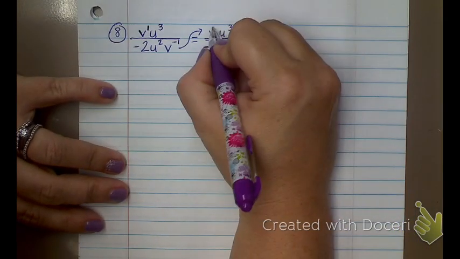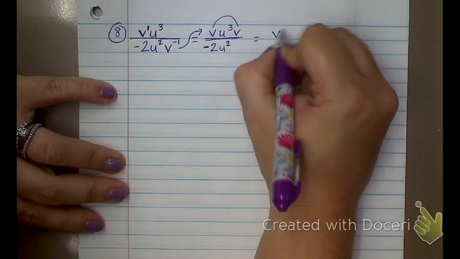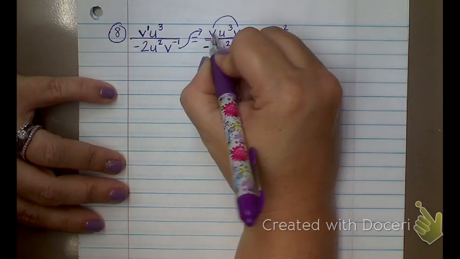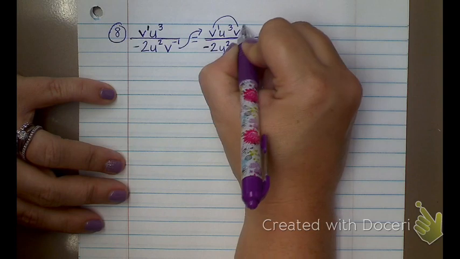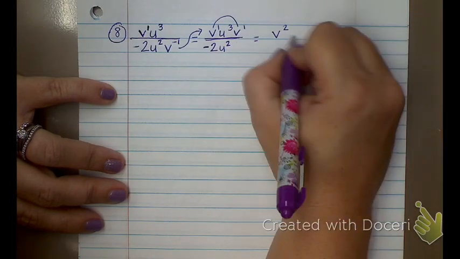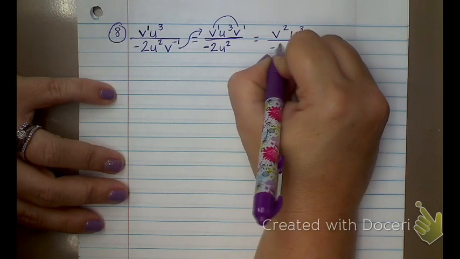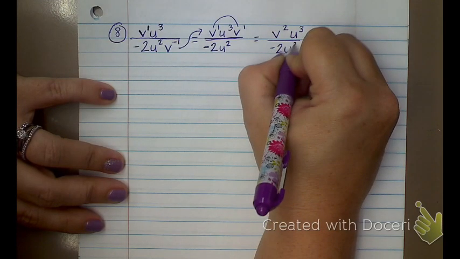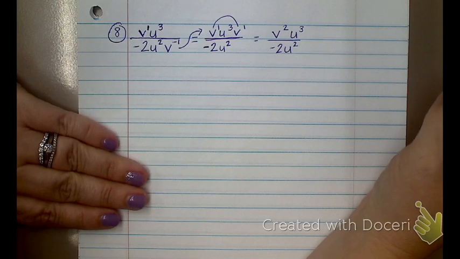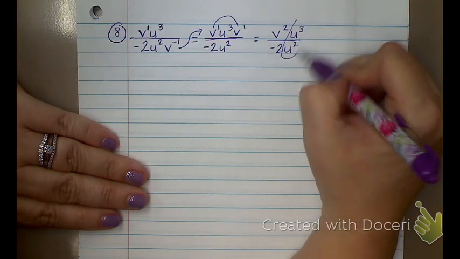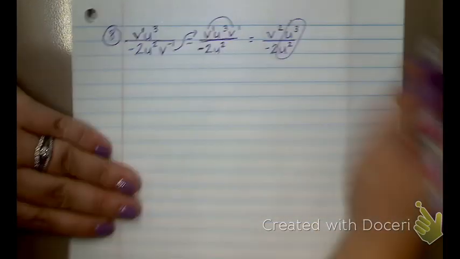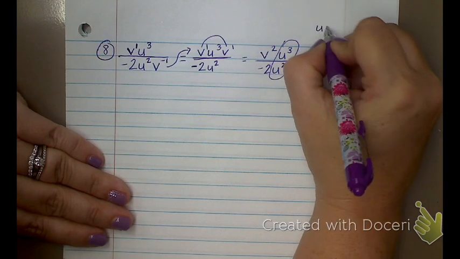So let's see what we've got now. On the top, V and V, that's going to give me V squared, because again, I have 2 bases, so I'm going to add those 2 exponents. I have U to the 3rd, and then on the bottom, I have -2 U squared. So you can do your subtraction with your U's. You can do the top minus bottom, or you can think of it the long way.